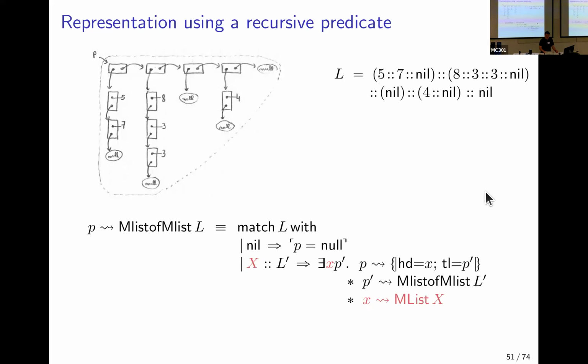But of course, there's a slightly easier way to reason about this, depending on your cases, but usually it's the case. M list of M list of L would match on L, and when you have cons of X, which is itself a list, and L prime, then the pointer points to X on P prime, X being a pointer to the list big X, and P prime is the pointer to the rest of the list of lists.